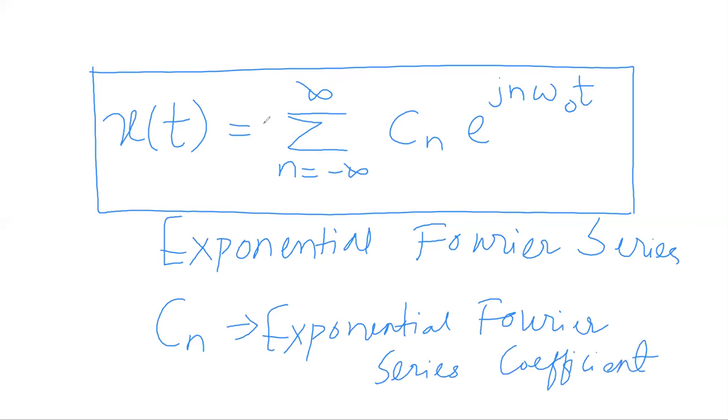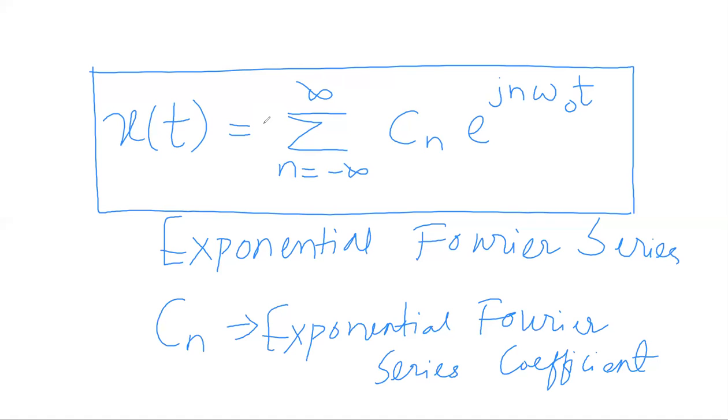The part we want to evaluate is the coefficient Cn. If we know the evaluation of coefficient Cn, we can substitute it in this formula and write the exponential Fourier series by substituting different values of n.